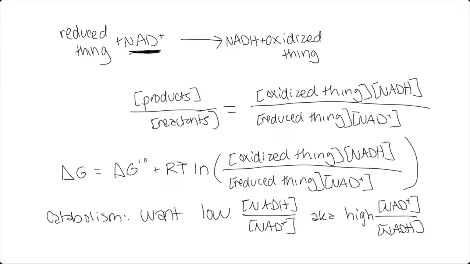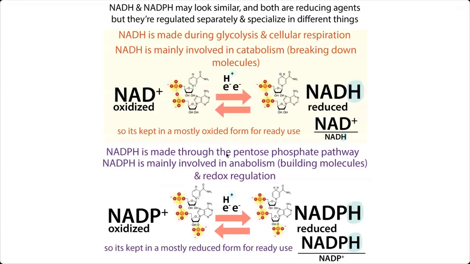However, what's not so good is then if you want to actually go and reduce things. And so if you want to reduce things, you want to have a different stockpile. And so this different stockpile that we often use is NADPH. It's got that same ring and all that great stuff that NADH had and that NAD had, but we can kind of flip the ratio around and keep a lot of the NADPH form, the reduced form, as opposed to the oxidized form.